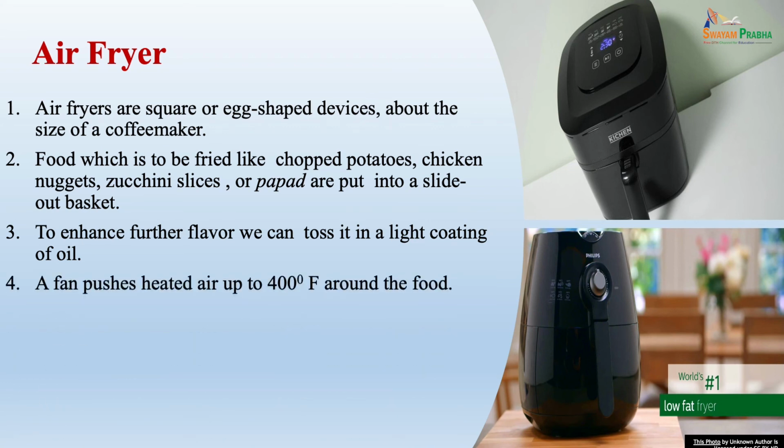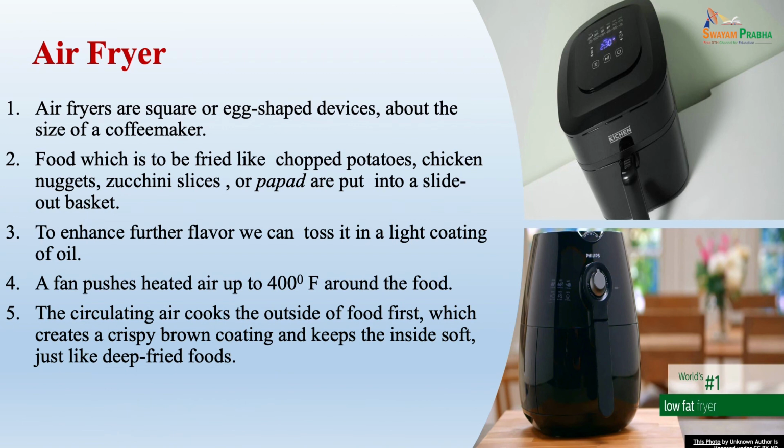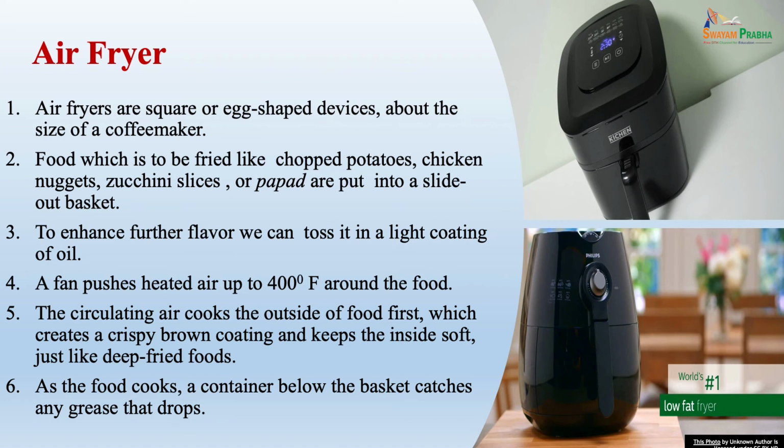A fan pushes hot air up to 400 degrees Fahrenheit around the food. The circulating air cooks the outside of food first, which creates a crispy brown coating and keeps the inside soft, just like deep fried foods. As the food cooks, a container below the basket catches any grease that drops.